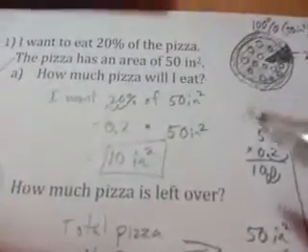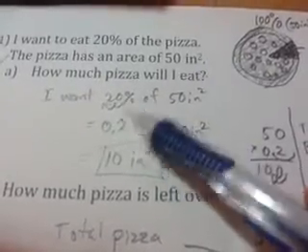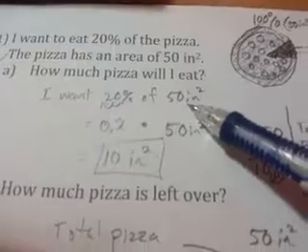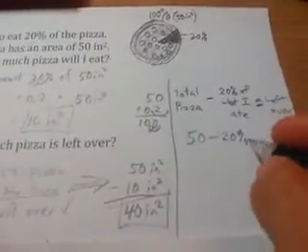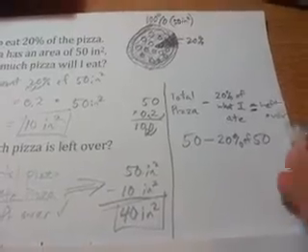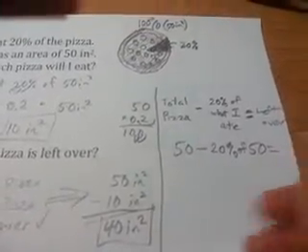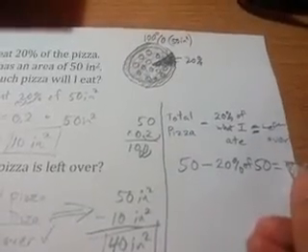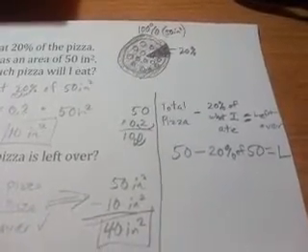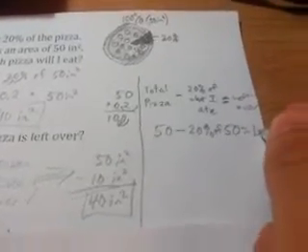Well, that was part A. I wanted to figure out how much I ate, which was 20% of the 50. So over here, I'm going to write 20% of 50, and then what is that I get? My leftover. I don't know what it is, so I'm going to call it L. Why not? That's the only thing that I don't know. That's my variable, my leftover, L.